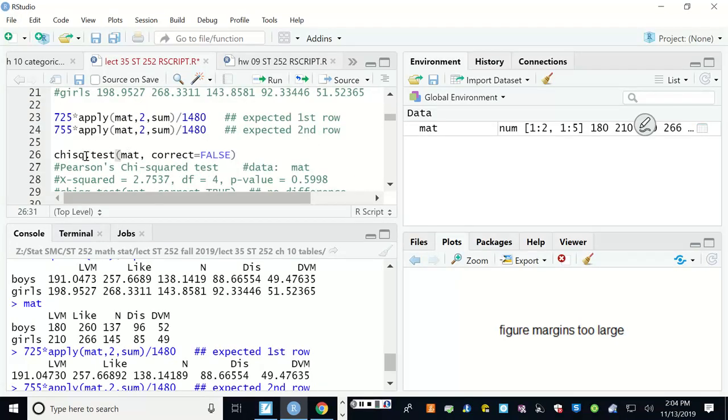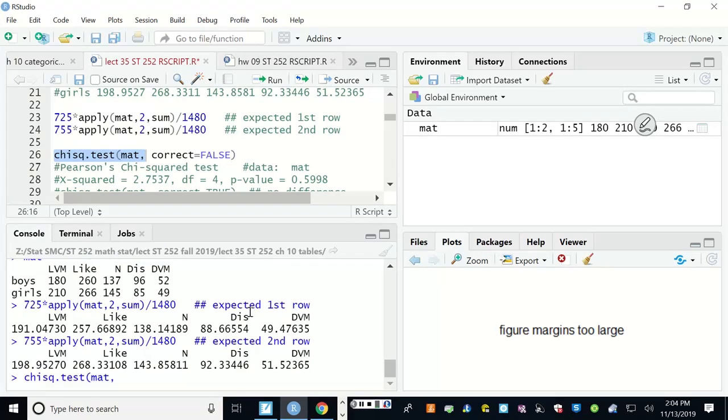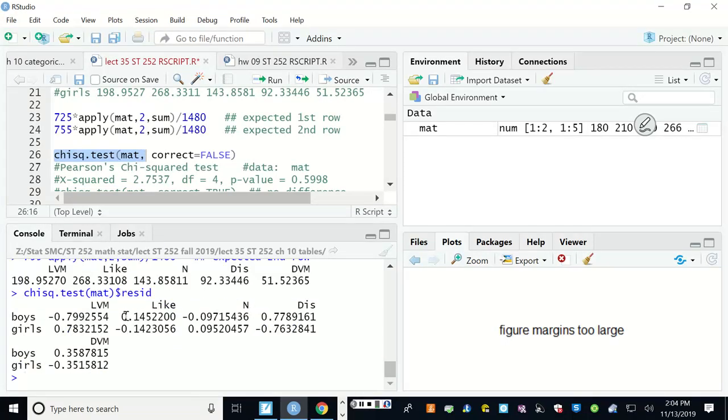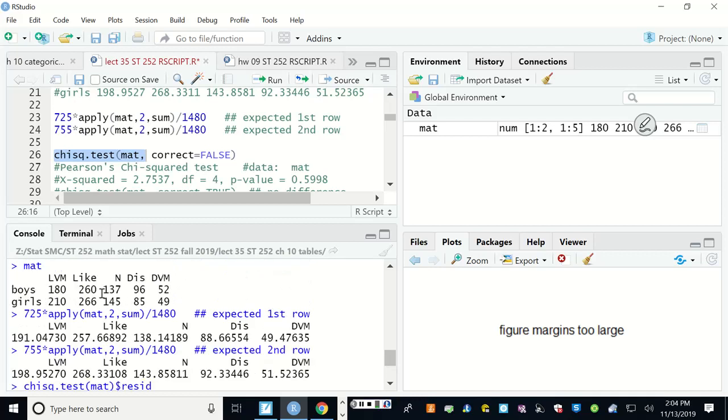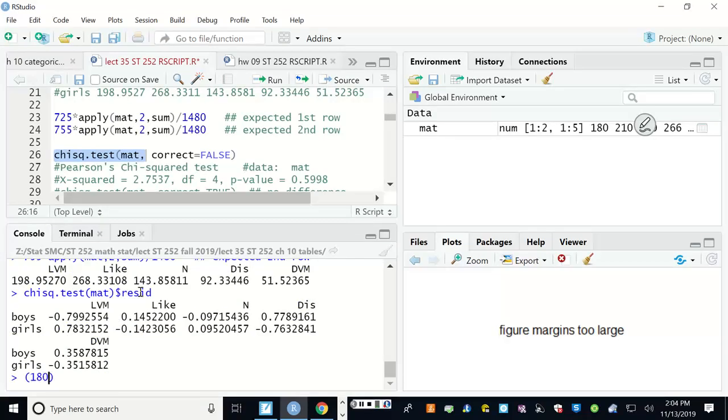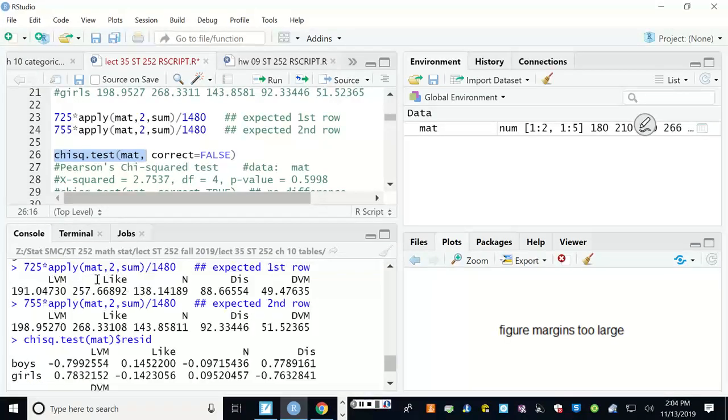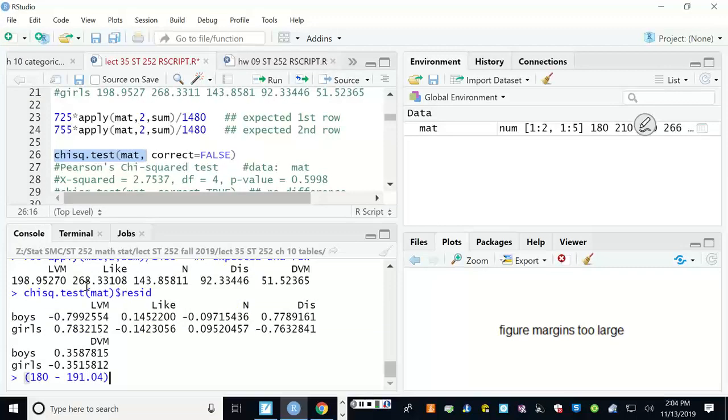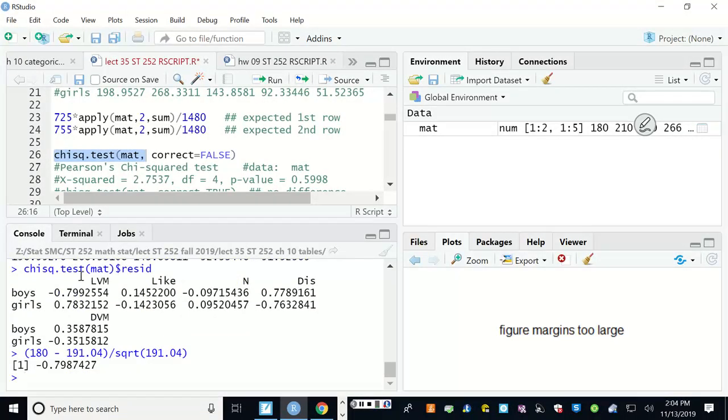There is another part of this chi-square test: the residual. These things are those statistics. The observed number there was 180. 180 minus the expected 191.04, and you divide by the square root of 191.04, you get this so-called residual.